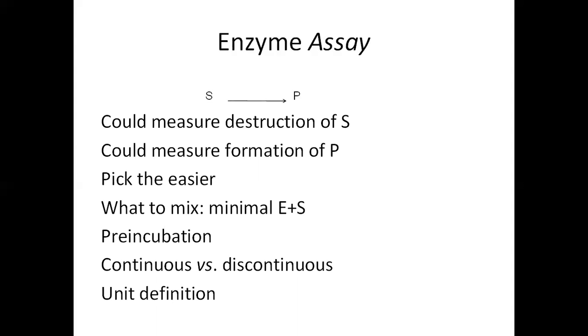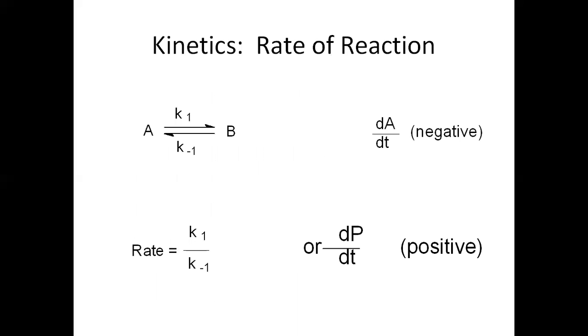Biochemists use the expression unit of enzyme activity, and it is most often defined as the amount of enzyme that converts 1 micromole of substrate to product per minute under defined conditions of temperature, pH, etc. Recall that if A is being interconverted with B, the rate of the forward reaction would be equal to k1 and the rate of the reverse reaction k-1.